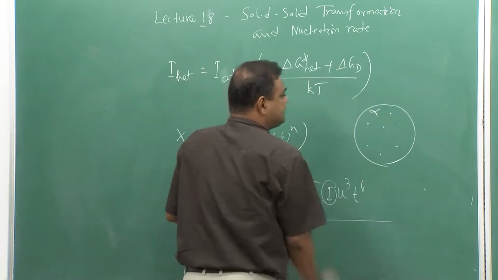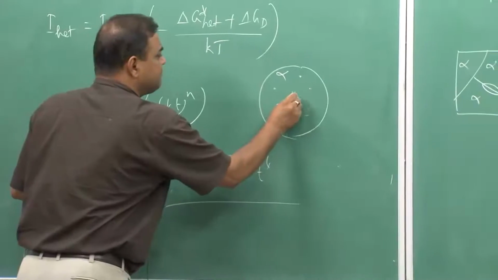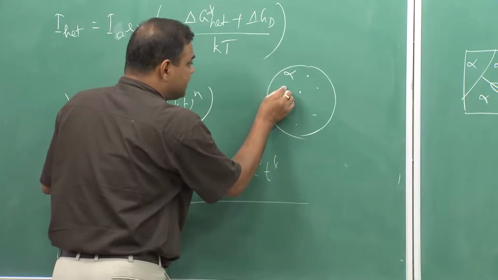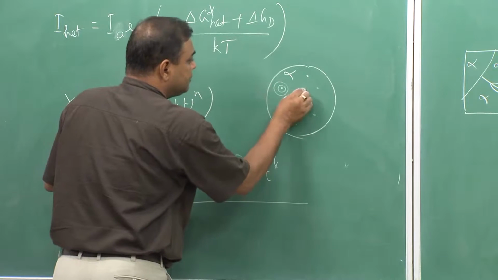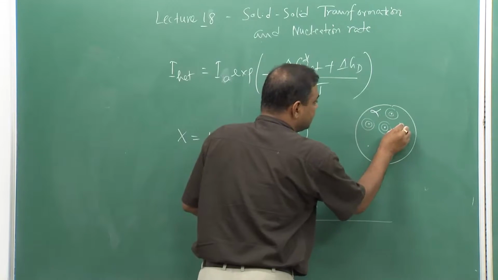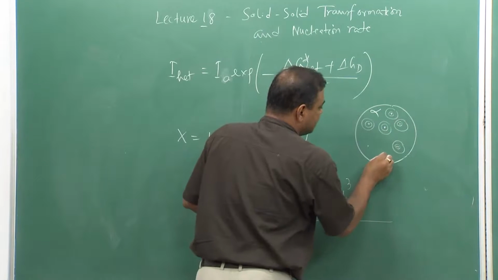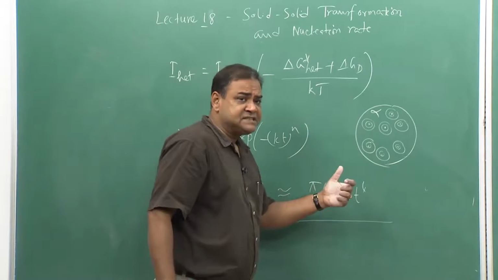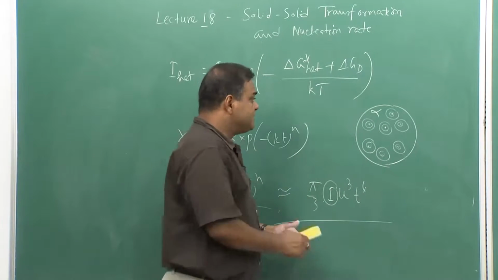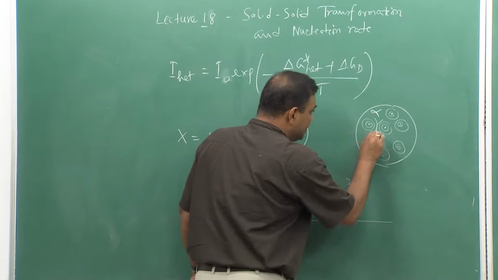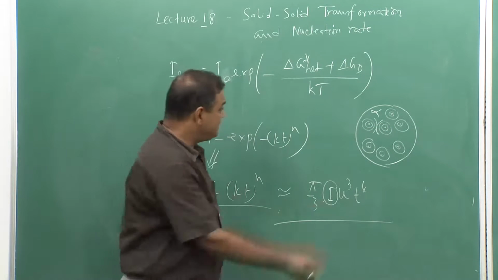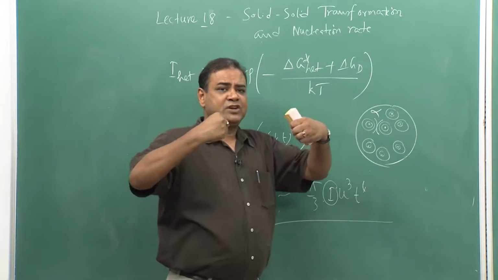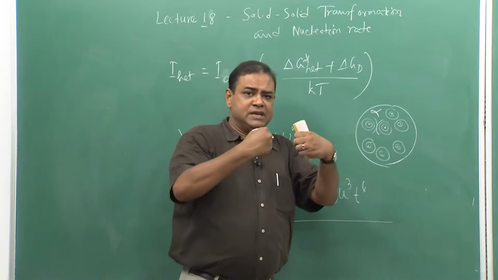At that time the fraction of beta would be very, very small across the total volume, and then these beta will start growing, but until they reach a sufficient size, these two grains will not interact with each other, and whenever this interaction comes, these two spheres would actually try to impinge on each other.